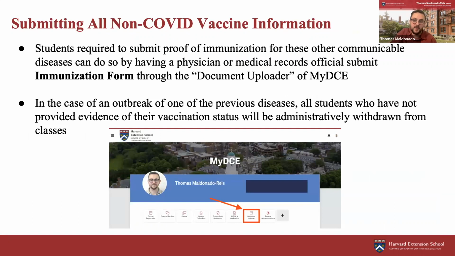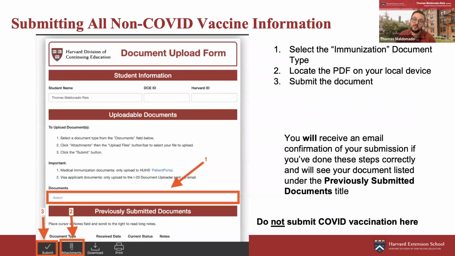In that MyDCE page, you're going to again go to that document uploader icon. You're going to once again come to this document upload form, and I bring your attention to those same 3 spots that we talked about earlier. Except for this time, under documents, you're going to select the immunization document type from the drop-down menu.